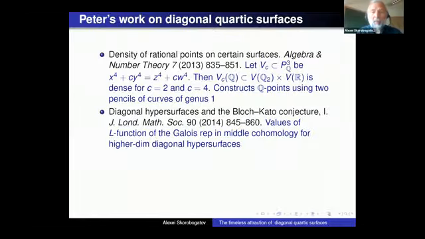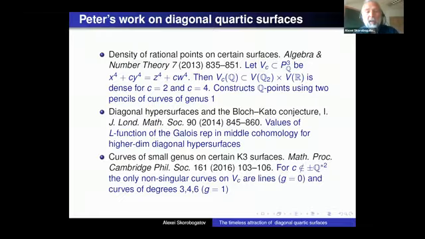And his very last paper, that was published in 2016, is about the same kind of diagonal quartic surface as I just mentioned.